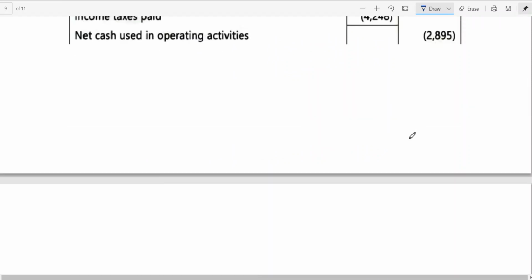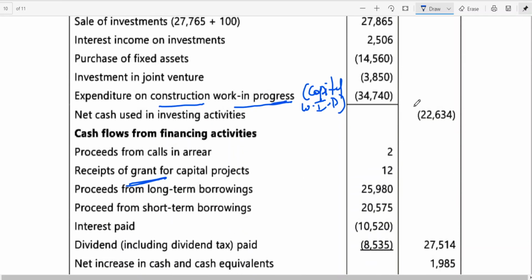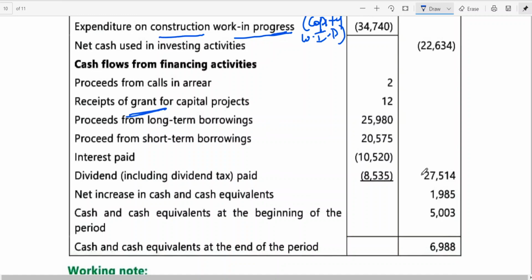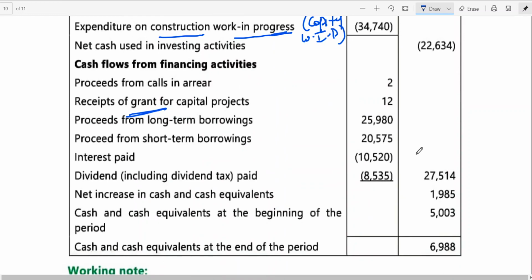So if you look into it, we are having negative net cash used in operating activities. Here net cash used in investing activity. These two things, first two activities, we are getting cash used. It means outflow is more than receipt. But for the last one, financing activity is more. If you take the calculator, 27,514 is a positive balance.